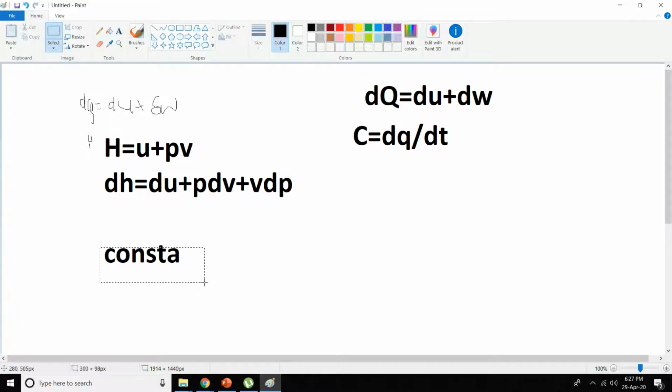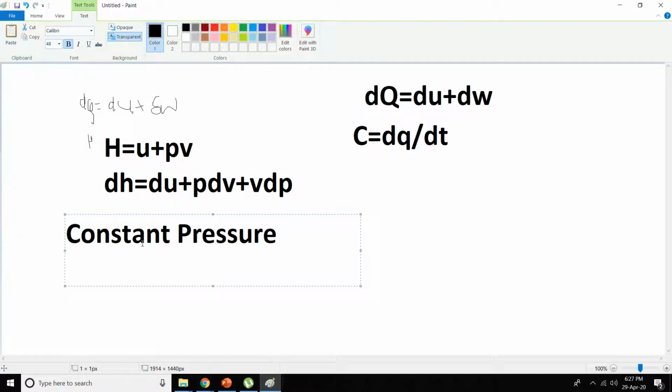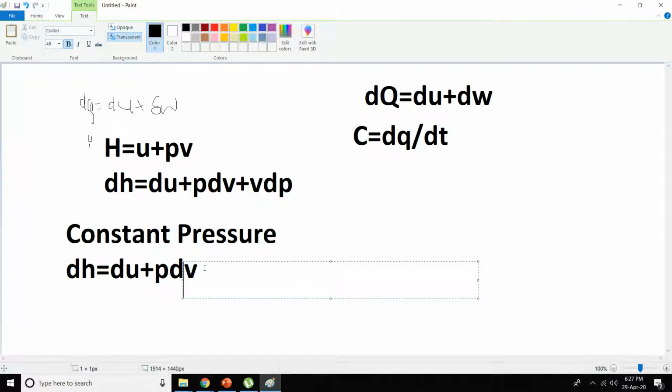Once you're done with all of this, the next thing you do, at constant pressure, your dH equation will become dH is equal to dU plus P dV, because dP at constant pressure will become 0.